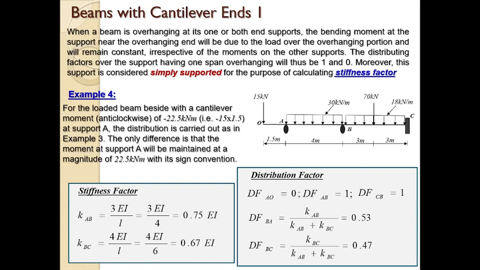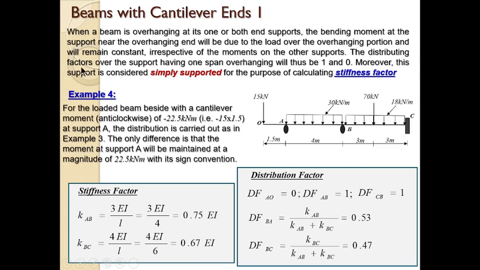The next case is when we have a beam with cantilever end. So when a beam is overhanging at one or both end supports, the bending moment at the support near the overhanging end will be due to the load over the overhanging portion and will remain constant irrespective of the moment on the other support.